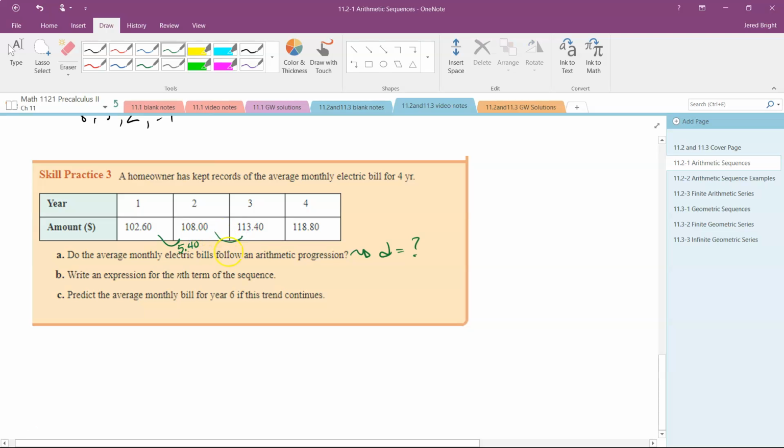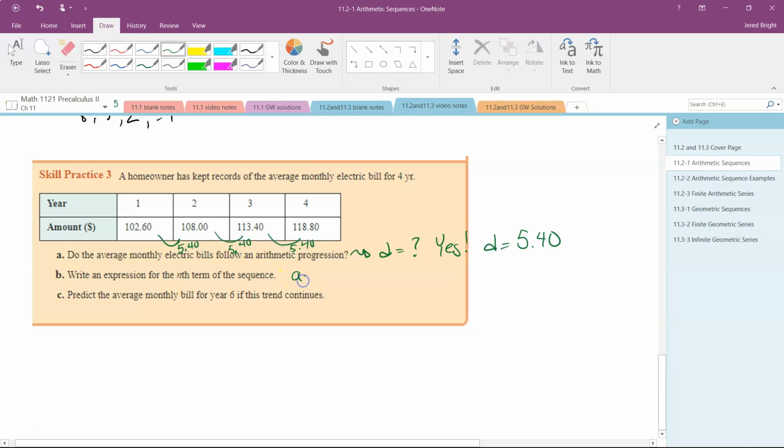From year 2 to year 3, that is also 540. And from year 3 to year 4, that is also 540. So I'll say yes, and I know it is arithmetic because I can state the common difference. d is 540.